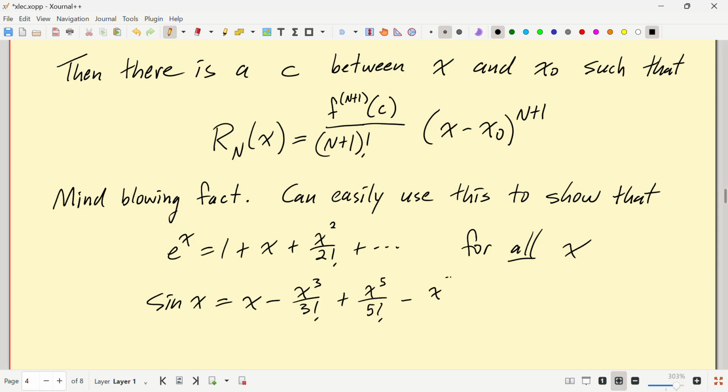I'll write one more. Plus dot, dot, dot for all x. That's a mind-blowing thing, and I don't think Taylor expected to get it. Well, maybe, I don't know. But he's the one who figured out a way to demonstrate that this actually happens. I think Euler probably realized that too, but he wrote down this formula.